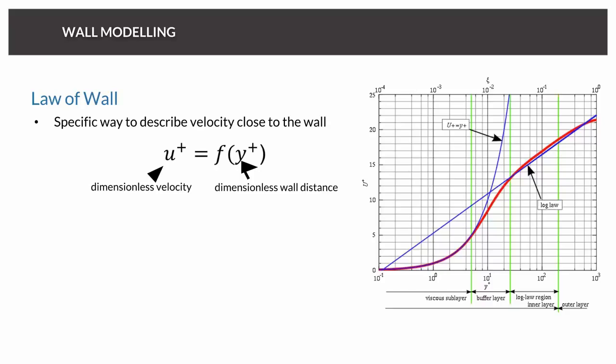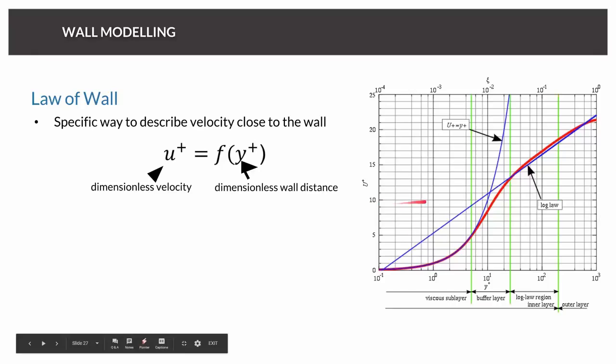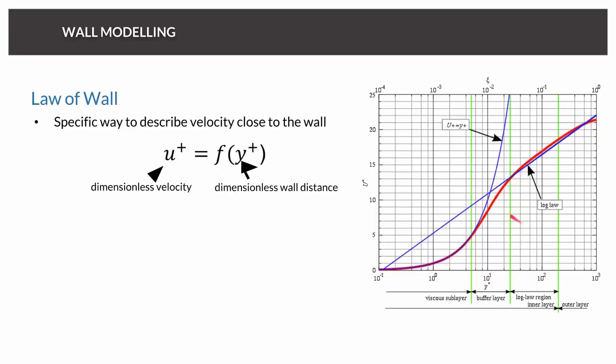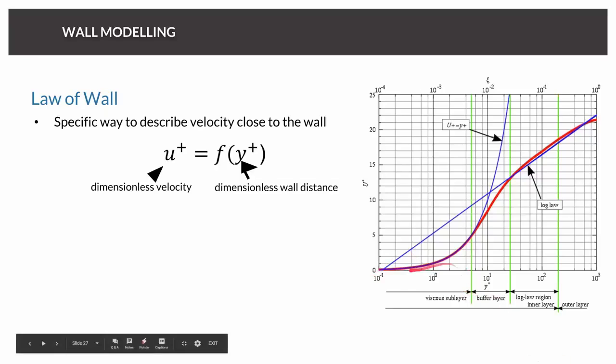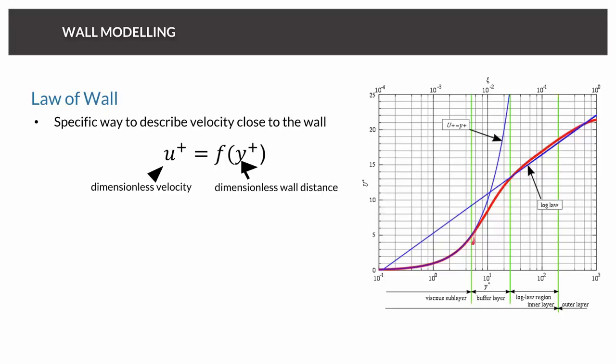And another important aspect is, instead of using 10 to 20 layer cells here, if I take a look, it seems like it's a logarithmic relationship here. And so what I can do is describe this whole part of the curve just by one constant slope here.